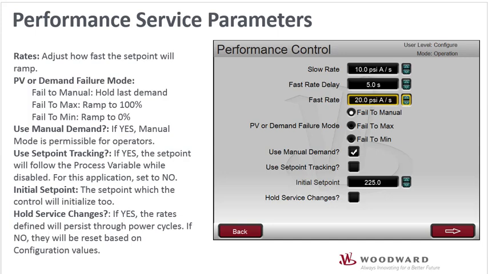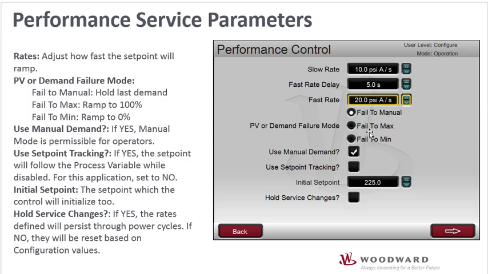On the first page, we can adjust our rates. So these tell us how fast the set point will move when adjusted. And then we have our performance variable, or the demand output failure mode. And this will define what action to take if the driver fails or if the performance process variable analog input fails.